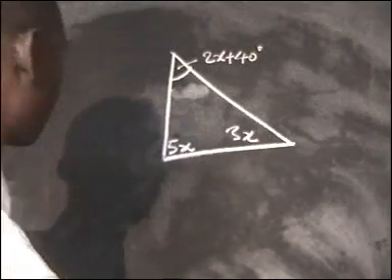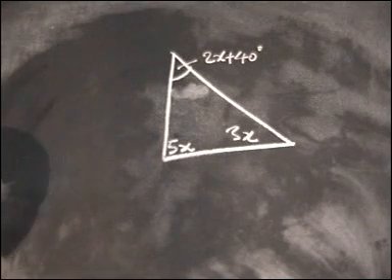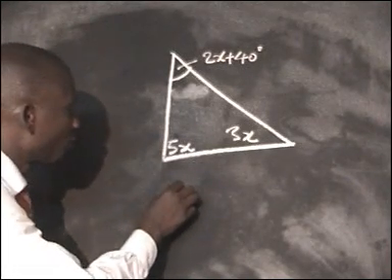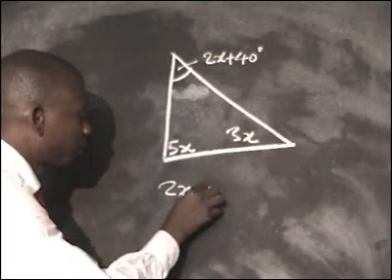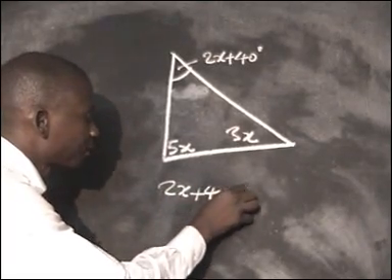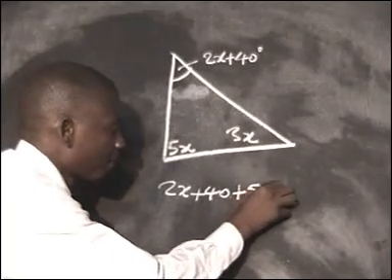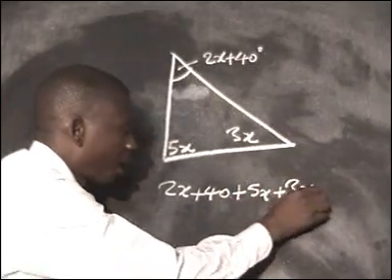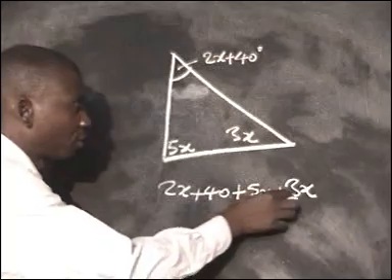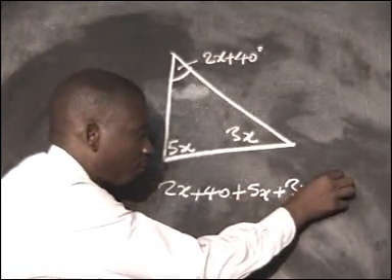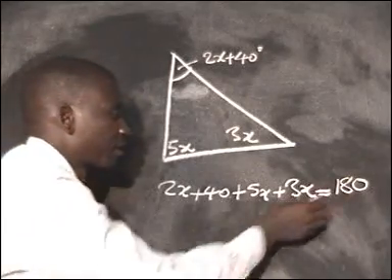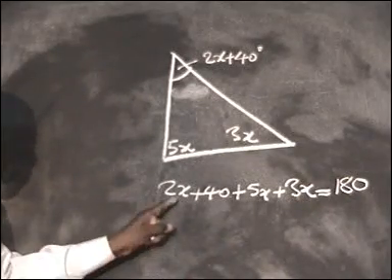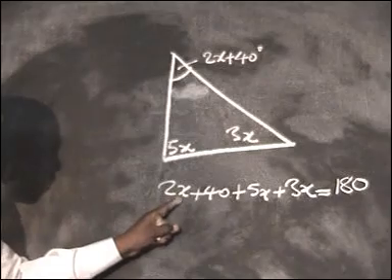So what you have to do here is, first of all, come up with an equation. This is 2x plus 40 in the first angle, then plus 5x plus 3x. I have added the three angles, 1, 2, 3, and the sum of the angles of a triangle is 180 degrees. From there I have to collect the like terms.